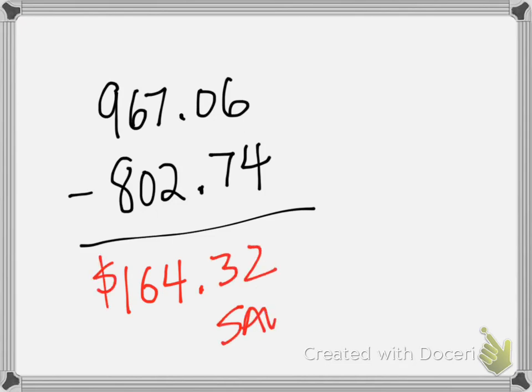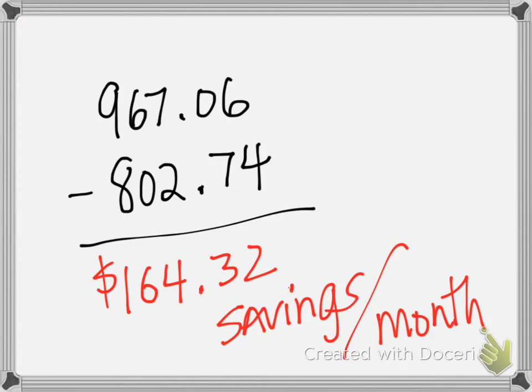This is how much we save each month, because we went with the mortgage that was the lower interest rate, that being the ARM. That may all change in the future, but we're not asking a question about the future. We're only asking a question about the first year.